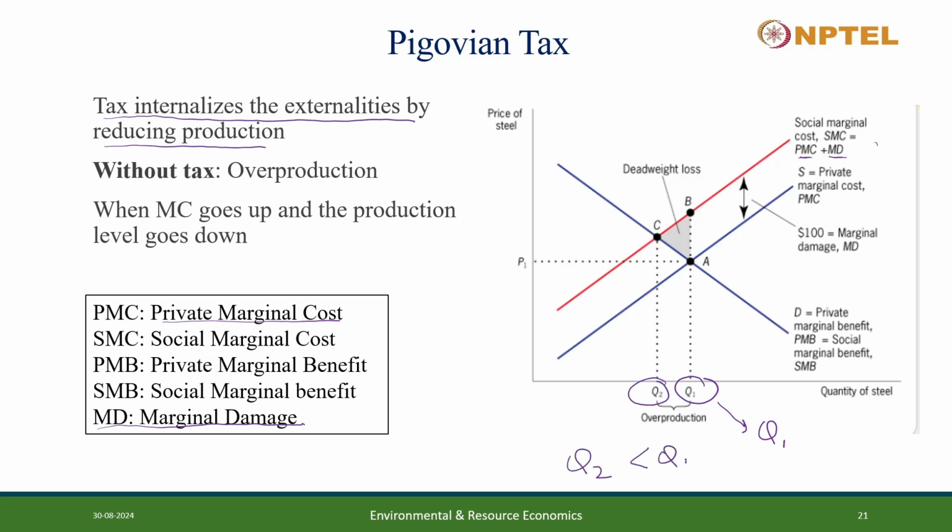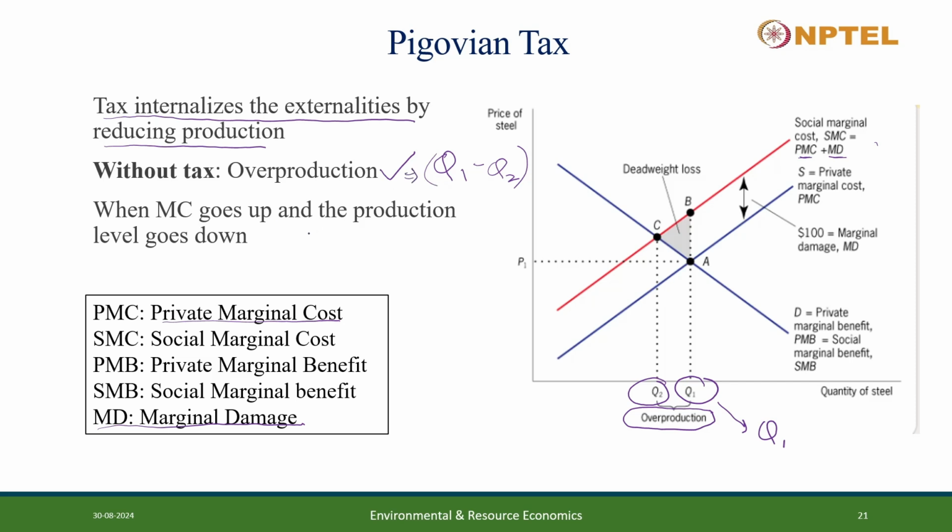Q2 is less than Q1, and the difference between Q1 and Q2 is the overproduction which the firm will do if there is no incentive scheme or environmental regulation, because they don't have to pay for the environmental damage. So without tax there will be overproduction; the production will be Q1 and the overproduction will be Q1 minus Q2. Is it clear?